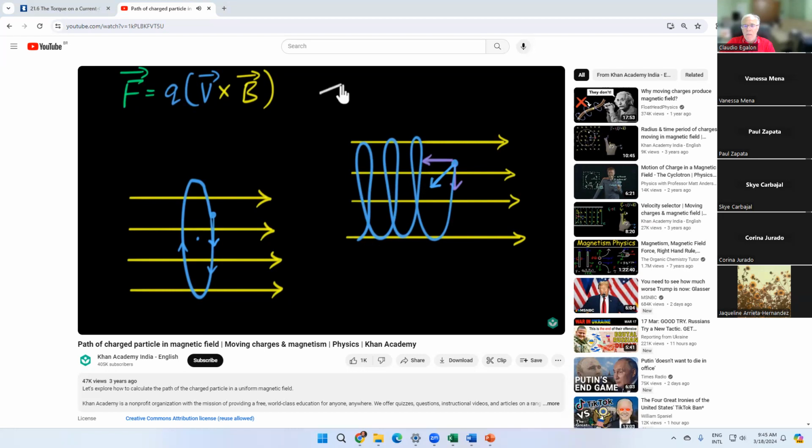In general, what we find is particles tend to go in a helical path. And look at the helical path. The axis of the helical path is the magnetic field. You see that? And the plane of that circle is going to be perpendicular to the magnetic field, just like what we found over here.